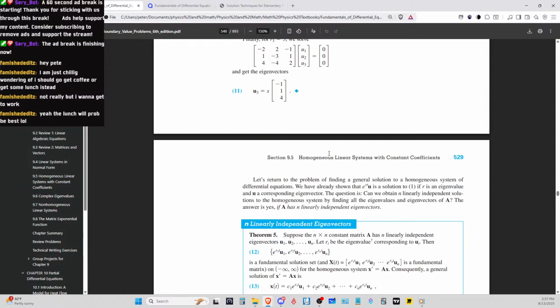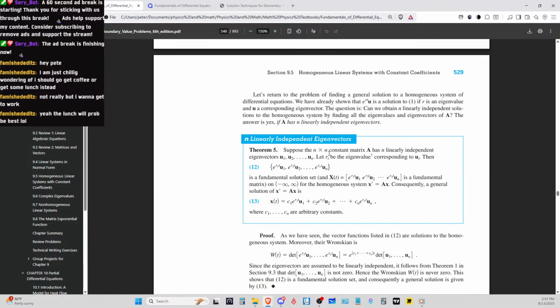Question is, how do we do this with linear independence and eigenvectors? Suppose that an n by n constant matrix has linearly independent eigenvectors, and let the eigenvalues correspond to the fundamental solutions.